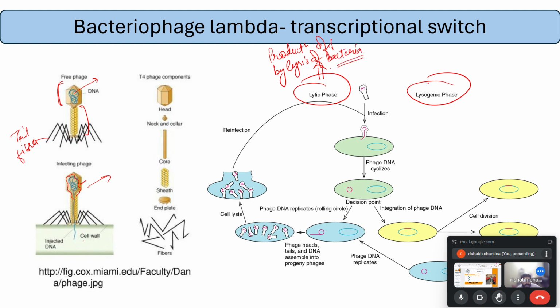Okay, and lysogenic means the phage genome will integrate into the bacterial genome as prophage due to unfavorable conditions for the phage to be produced, and this prophage will act when the conditions are favorable, and it will again enter into lysis.